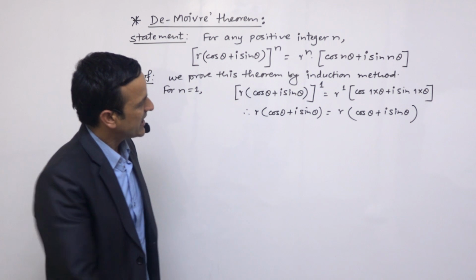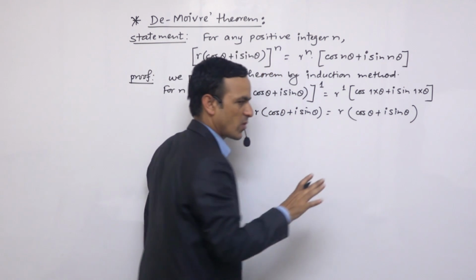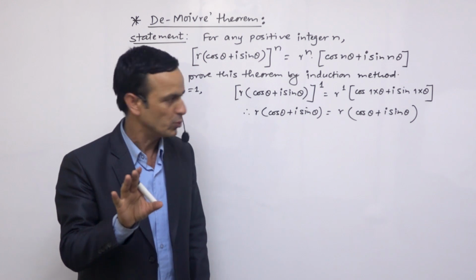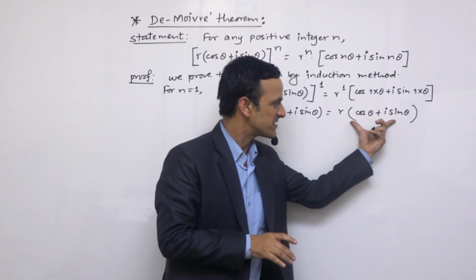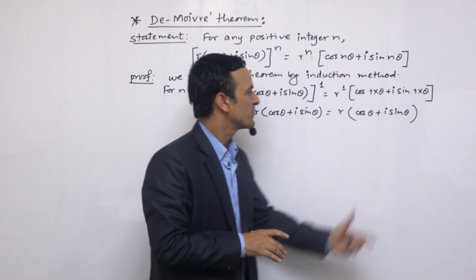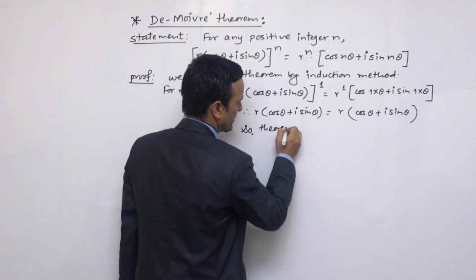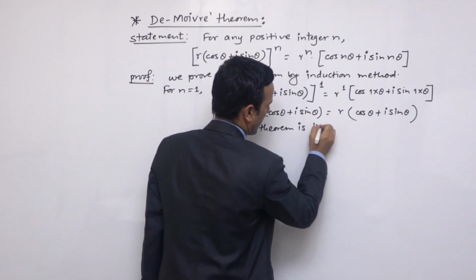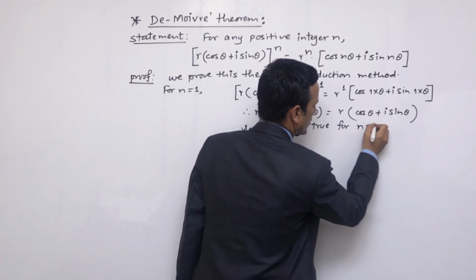So यदि हामीले यो स्टेटमेन्ट हेर्यौं भने LHS is equal to RHS छ, that's why this theorem is true for n is equal to 1.